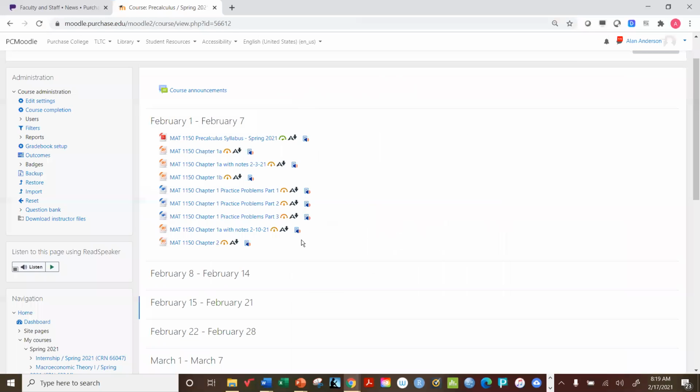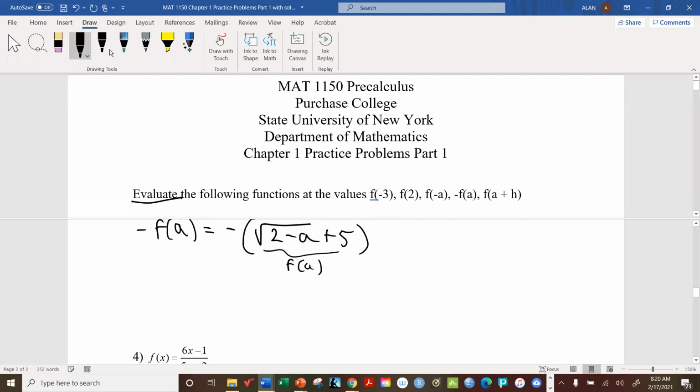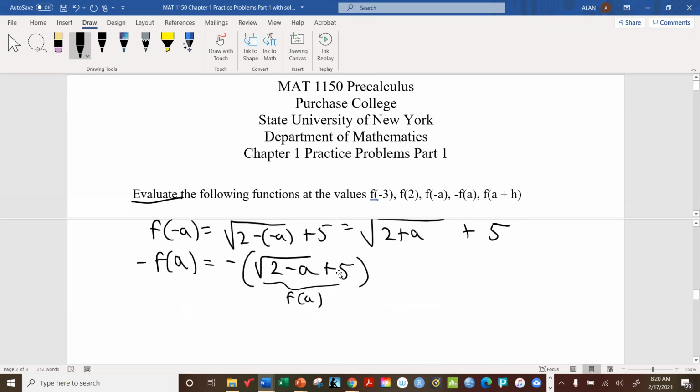All right, it insists on showing us the weather. Now I can close the parentheses. In other words, this is all f of a, because the original function is radical 2 minus x plus 5. So the x is replaced with an a. The negative stays out here. Now I have to multiply it through, and I'm going to get minus radical 2 minus a minus 5.